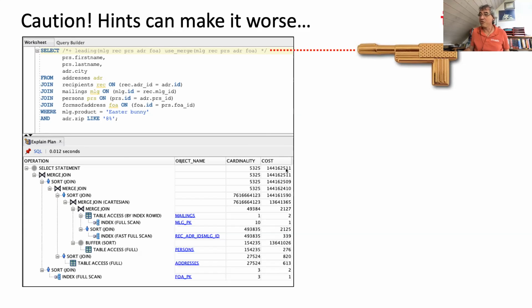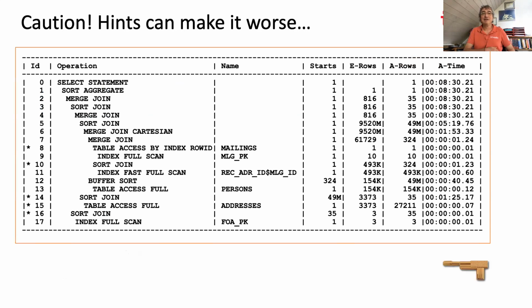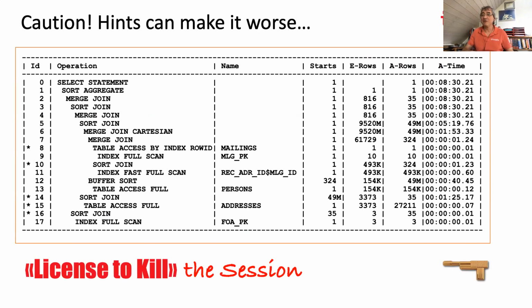And then the costs are also very high, but this execution plan is really bad. And it was so bad that I extracted the execution plan from another session before I killed it, and it was running for 8 minutes. In this case, it's good to have a license to kill, at least to kill the session at the end.